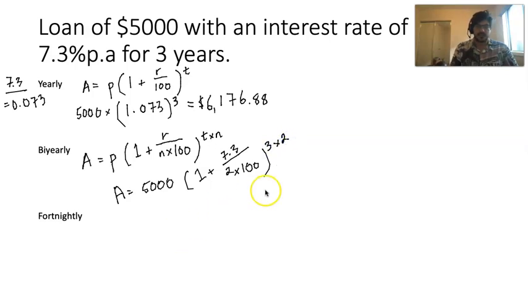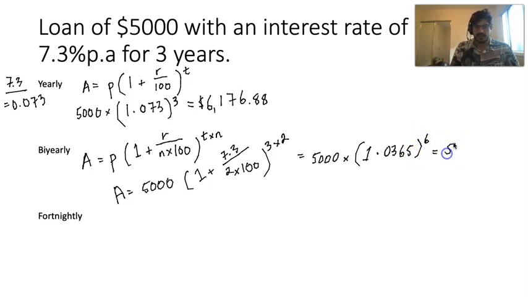All right, simplified again, we'll go 5,000 times 1 point, and 7.3 divided by 200 is going to be 0.0365. So it's 1.0365 to the power of 3 times 2, which is 6.